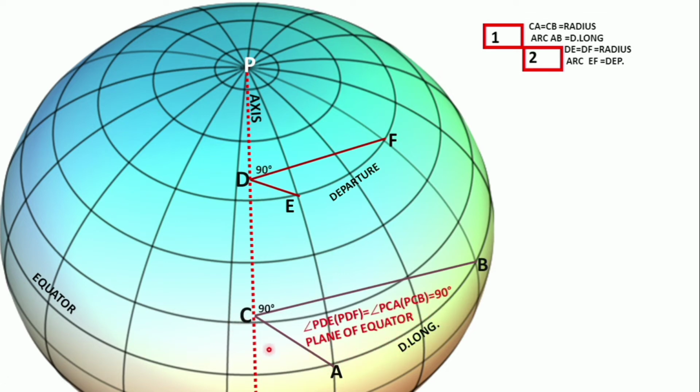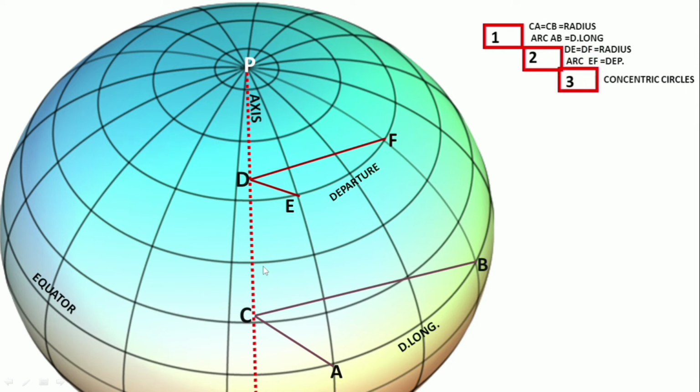We know that the plane of the equator is 90 degrees to the axis, so this angle will be 90, and this being parallel to the equator, this angle also will be 90 degrees, corresponding angles. Being concentric circles, the arcs will be proportional to their radius.